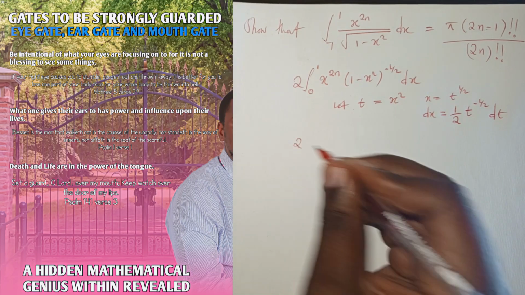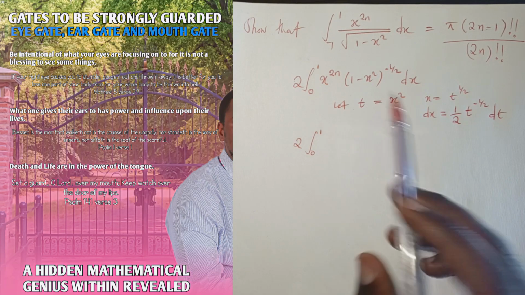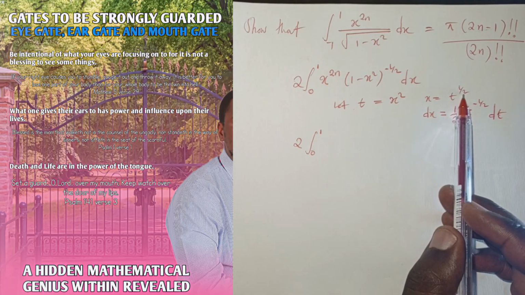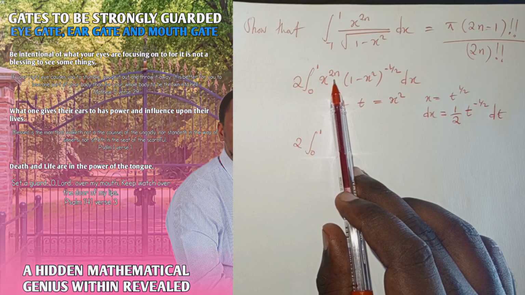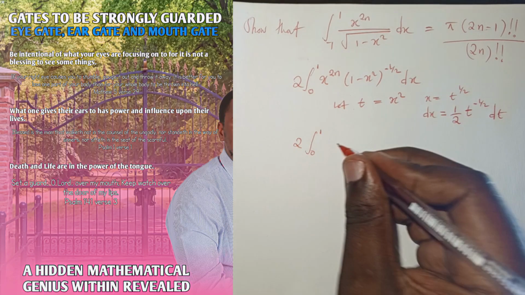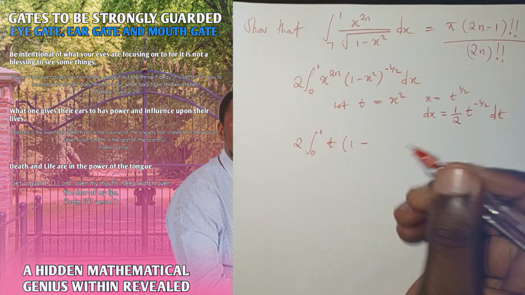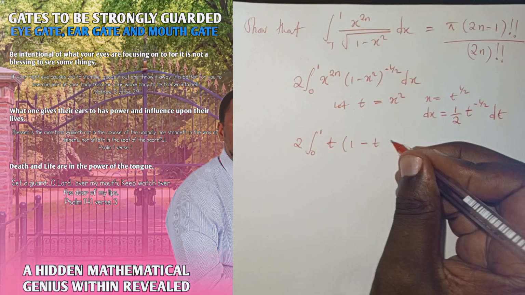Okay, so we have 2, then integral from 0 to 1. And where there is x, it's t to the power half. Half multiplied by 2, you get 1. So this is just t. Okay, then 1 minus x squared is 1 minus t.